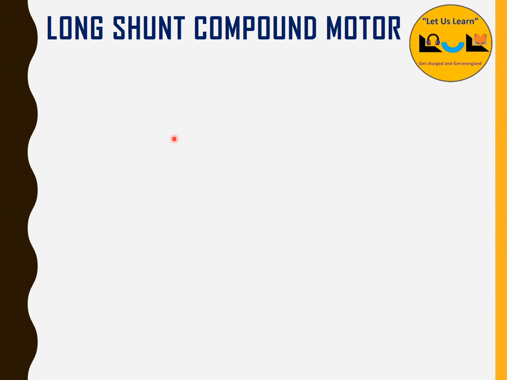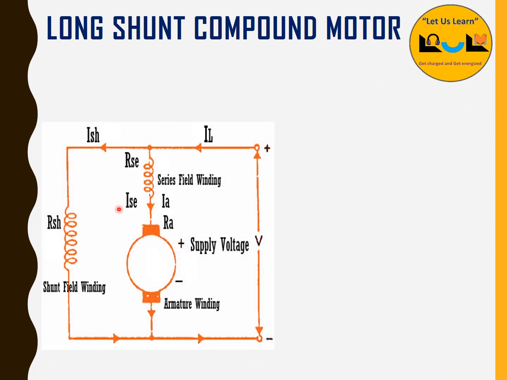We are going to discuss the long shunt compound motor. In the long shunt compound motor, the armature and the series field winding are connected in series. For this, the shunt field winding should be connected in parallel as shown in the diagram. IL is the line current, ISC is the series field winding current, IA is the armature current, ISH is the shunt field winding current.